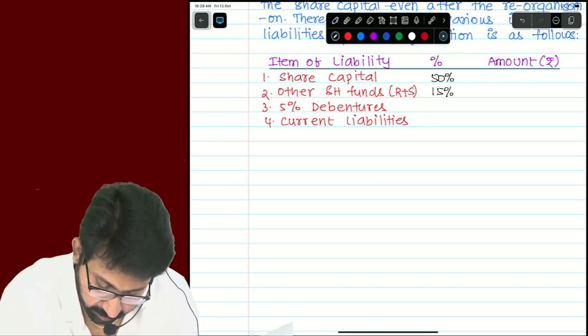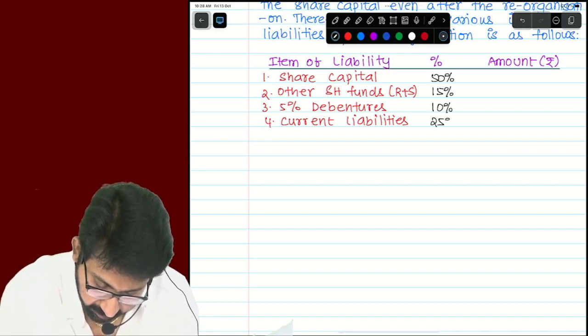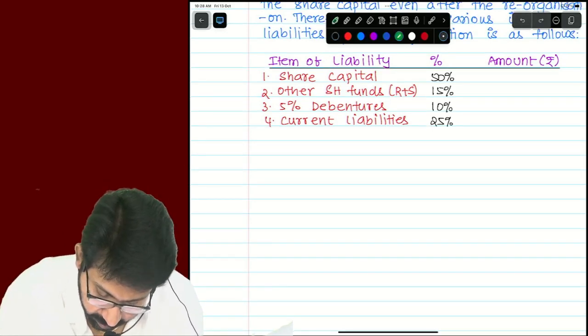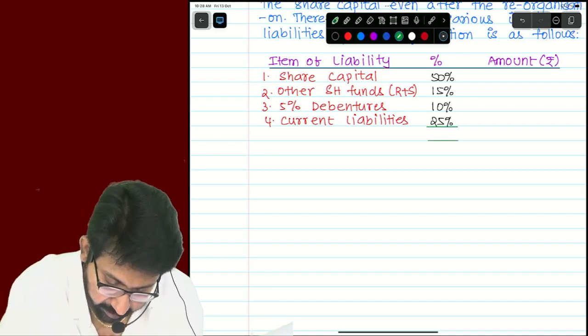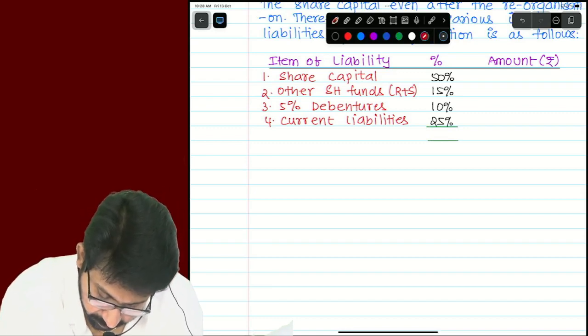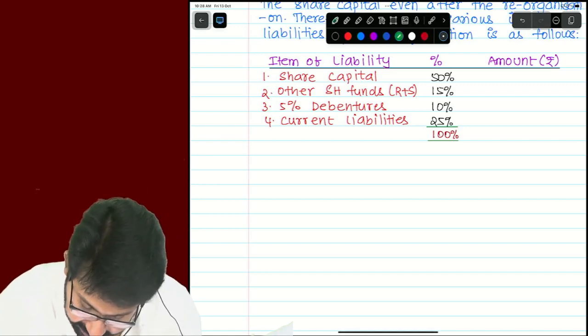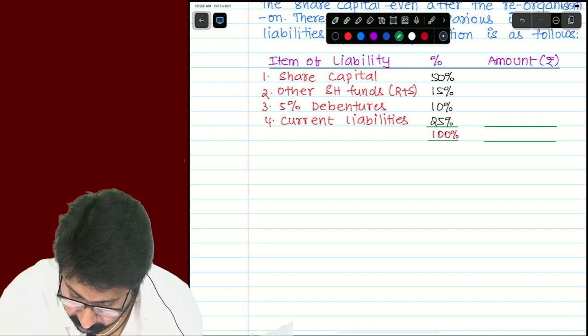Next, 10%. Next, 25%. Below, write down. This all will total to how much percent? 100. On the other side also, draw 2 lines to show the total.